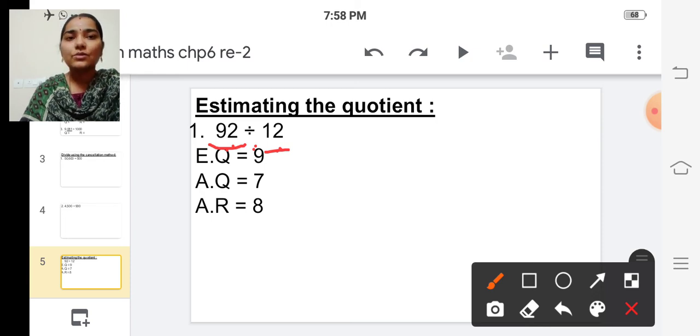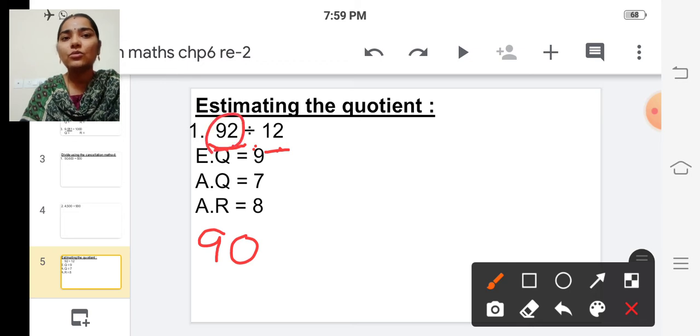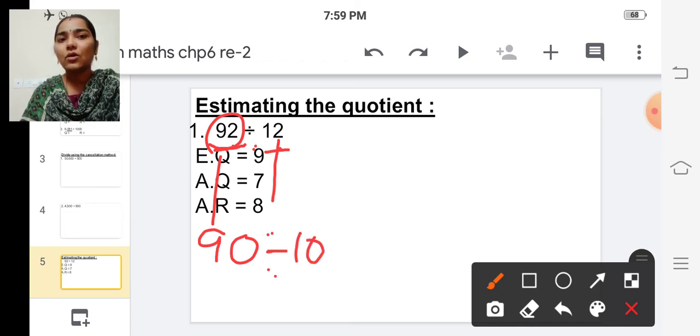So 92 can be rounded off to 90, because 92 is less than 95. And 12 can be rounded off to 10, because 12 is less than 15, isn't it? So it can be rounded off to 10.